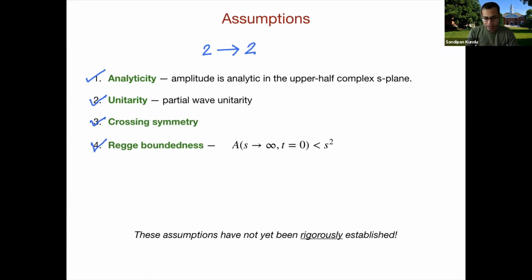The Regge boundedness statement is that the forward limit of the amplitude for large S is bounded by S squared. It's a strict bound. So all the bounds in the references that I showed you are derived under the assumption that the 4-point scattering amplitude obeys these conditions even in the UV.